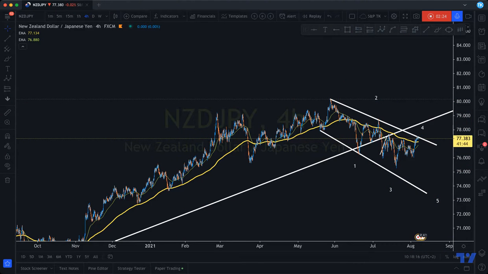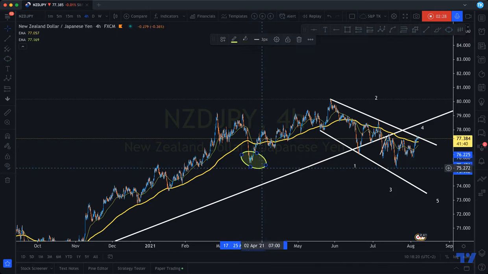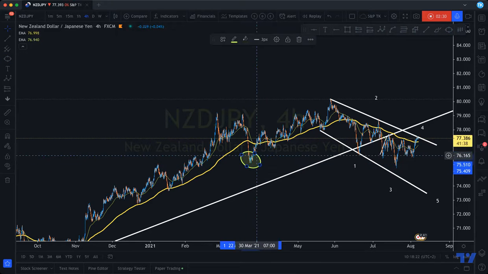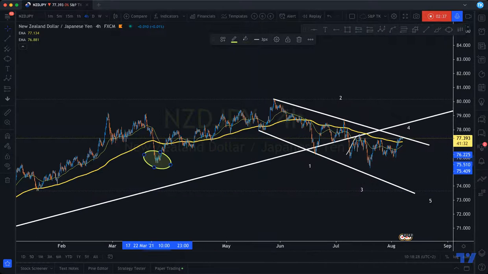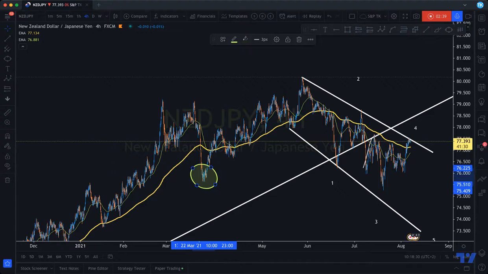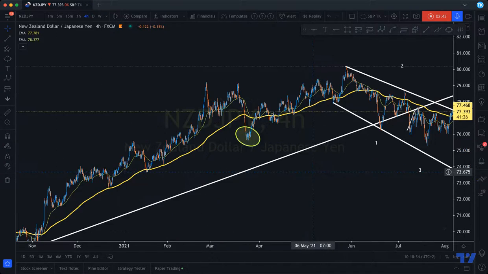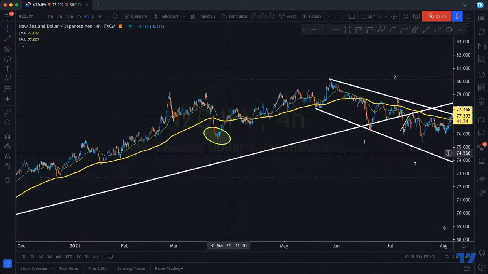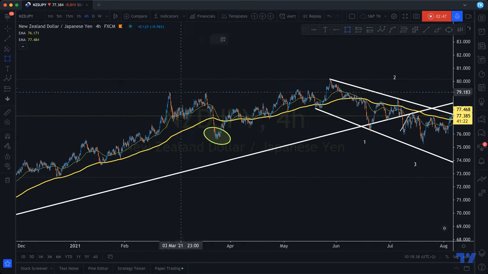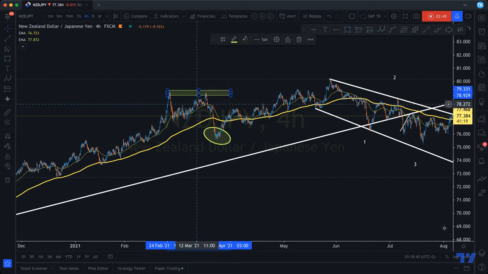This is, look, this is a very powerful signal, just because it's the first weakness signal that we have after a very strong bullish momentum, bullish movement. We have here a double top that is confirmed.